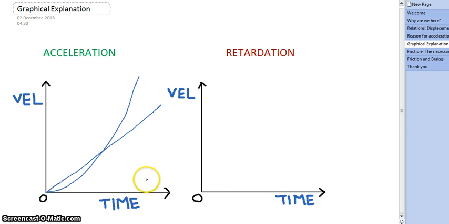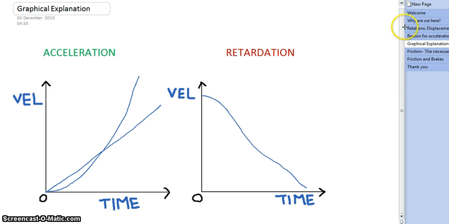In both the cases, the velocity of the body is increasing with increasing time. But in case of retardation, the things are quite different. The body will have a finite value of velocity initially, and the velocity will decrease with increase in time. So the graph should look something like this.